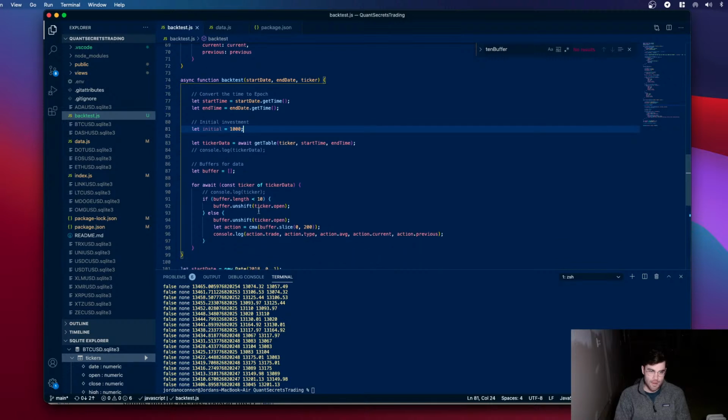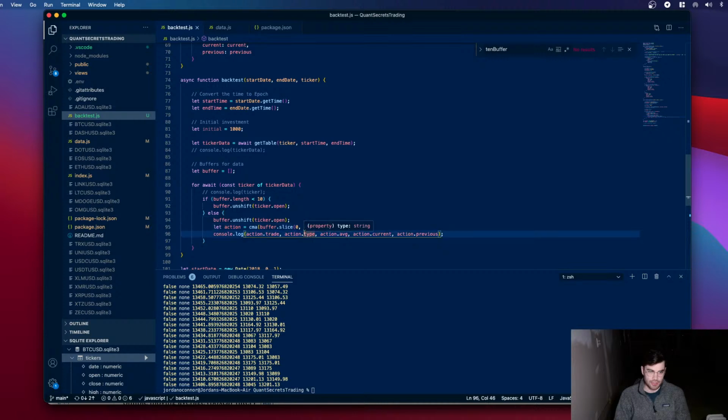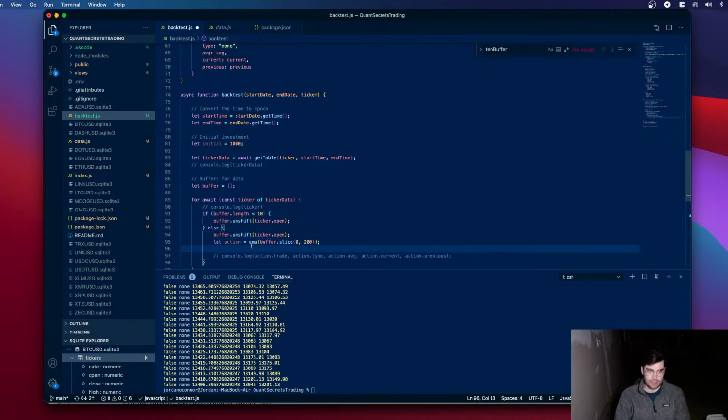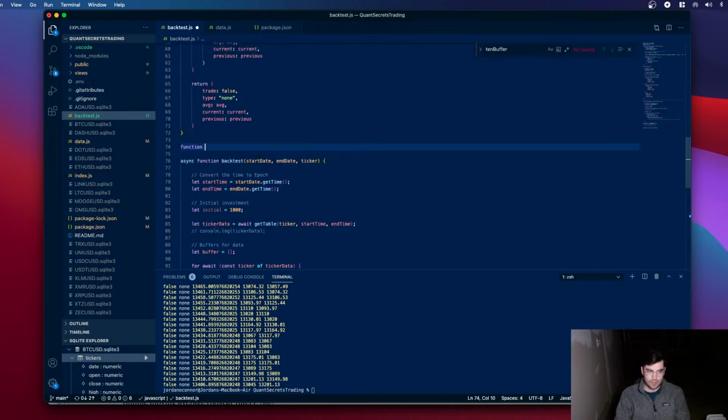So I'm gonna need to do some math, and what I'll do is I'll just do another function basically. I'll call it trade, and then I'll do type and position, something like that.